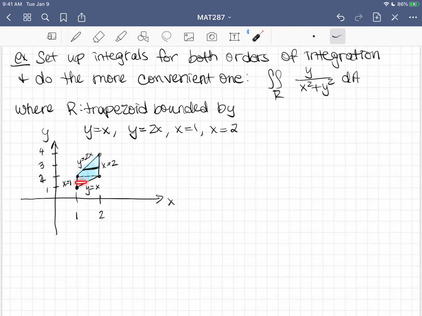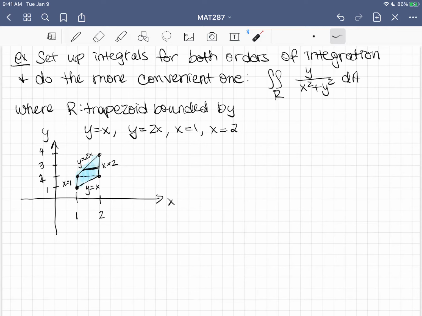You agree? But as I move up here, once I pass this dotted line that I've sketched, now all of a sudden x runs from the line x equals 1/2 y to the line x equals 2. Does everyone see that?